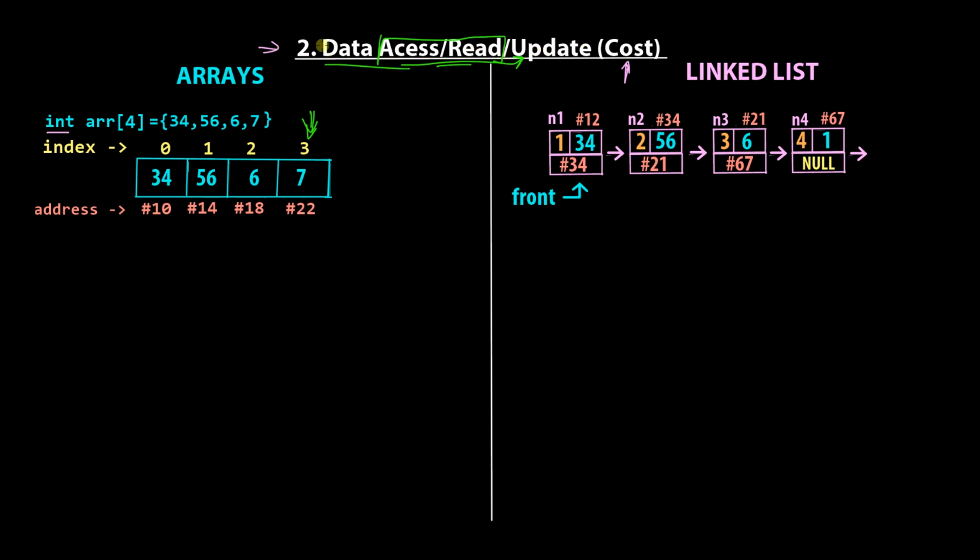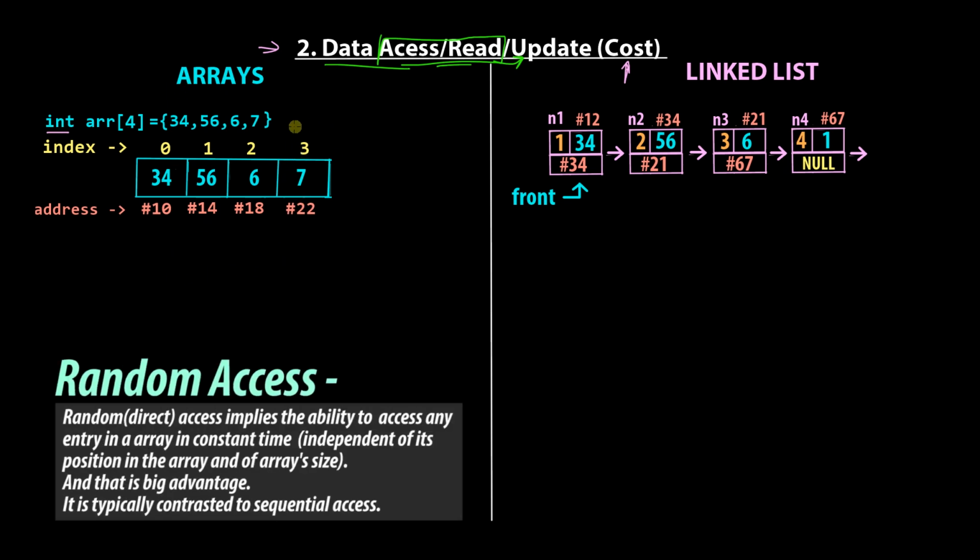That's why I've clubbed them together. So this is the criteria that we want to find out. That is, we want to find out which data structure is efficient when it comes to data access, read and update. Okay.